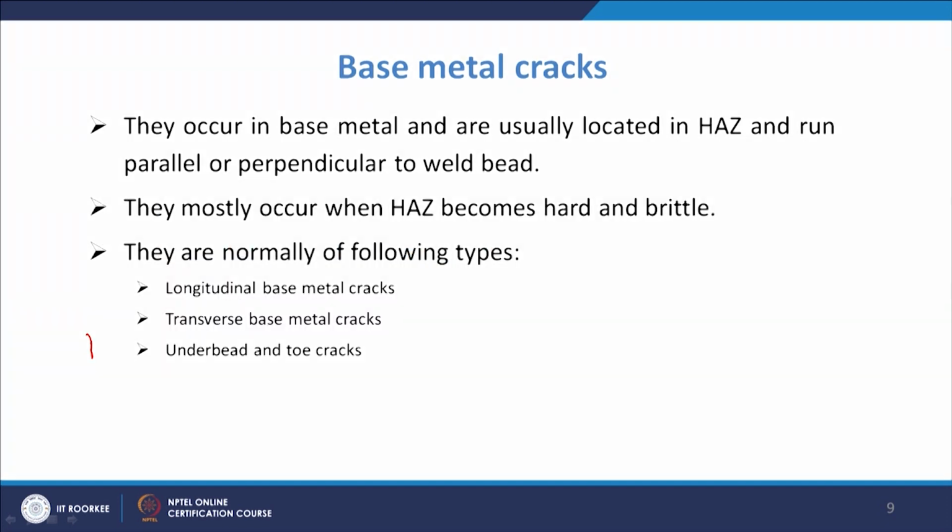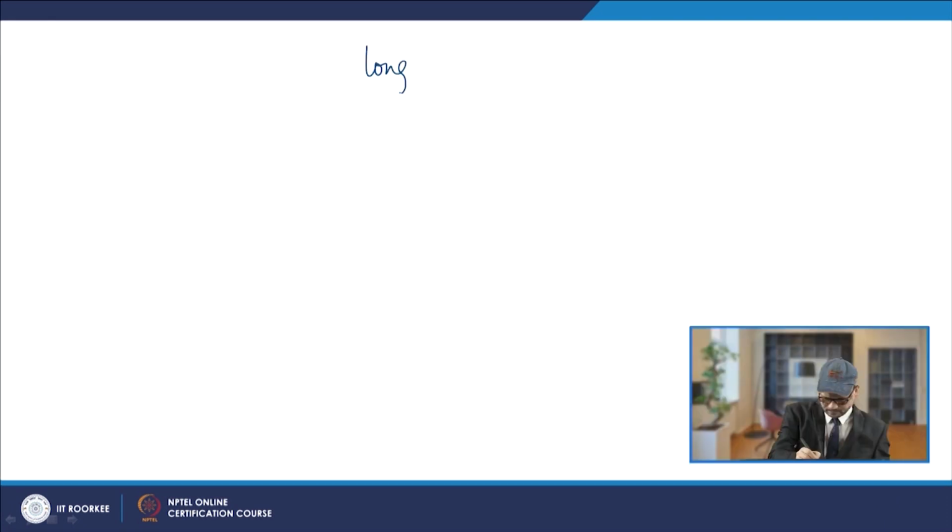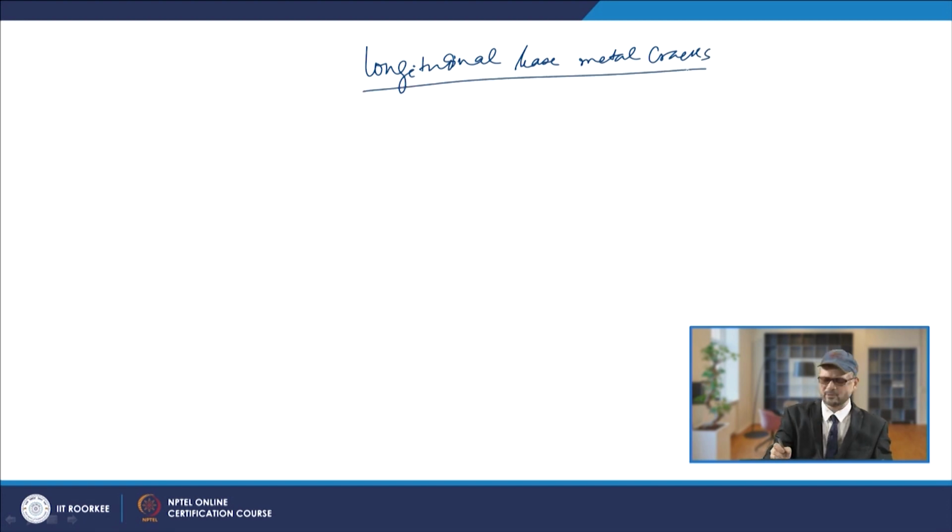If you talk about longitudinal base metal cracks, as we have seen, a longitudinal weld metal crack will be in the weld bead, but these longitudinal base metal cracks will run parallel to the weld, and they will lie in the base metal basically.